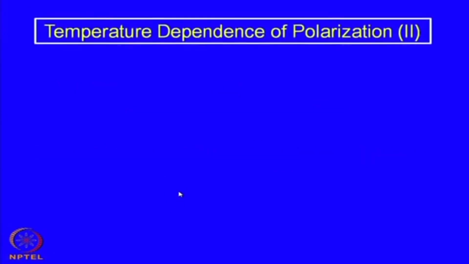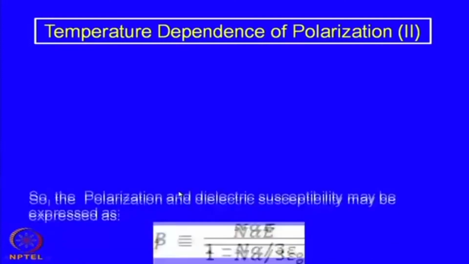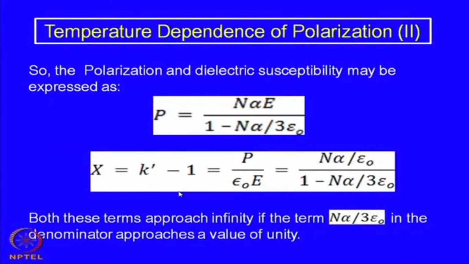If we continue, the polarization and the dielectric susceptibility may also be expressed, as per the definition from the earlier relationship. Polarization in terms of the applied field is n alpha E divided by 1 minus n alpha by 3 epsilon naught.